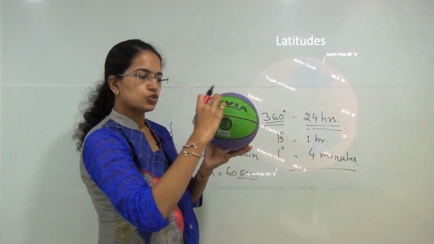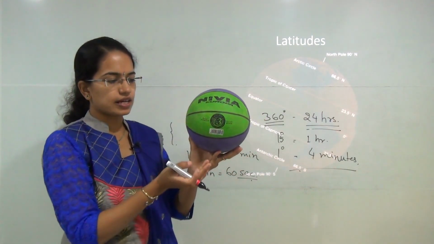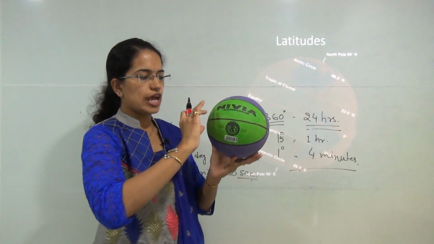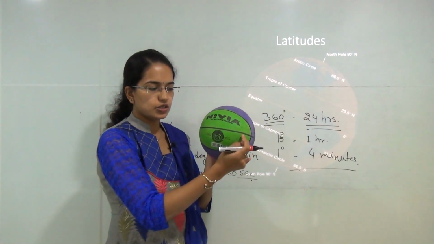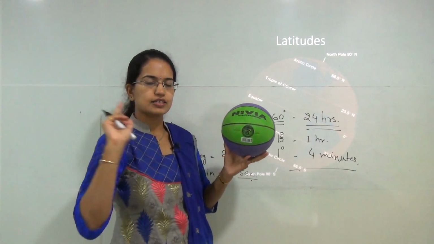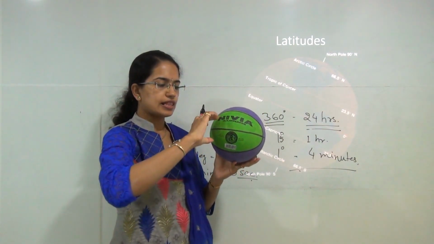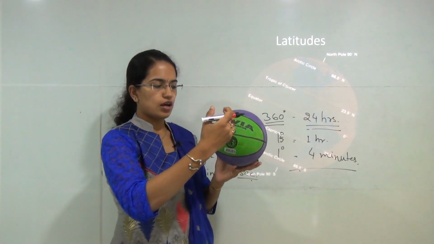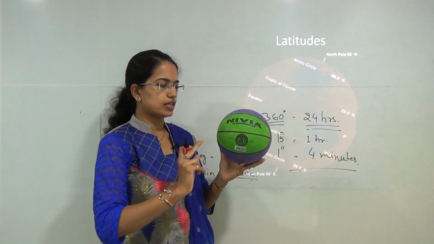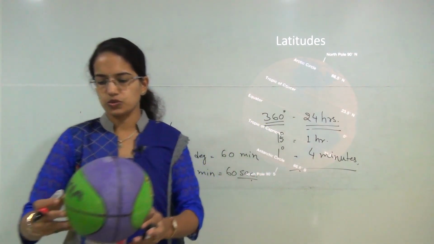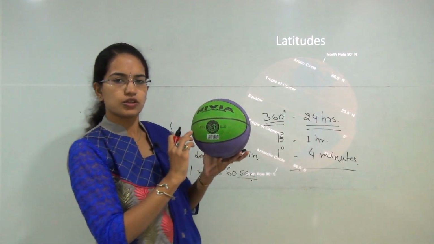So there is a zone which is green, which is demarcated by the other two zones. So I can say this zone is the zone which is close to the 0 degree parallel, or the parallel that runs through the center of the earth, and this zone which runs north and south of the 0 degree, that we call the equator, is known as the torrid zone. So all this green would be the torrid zone.